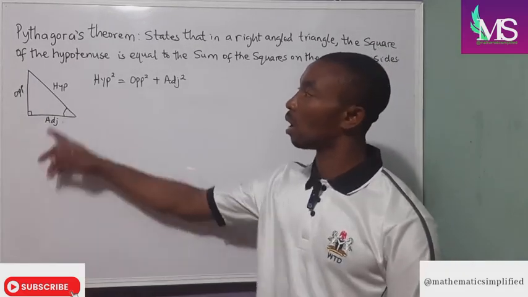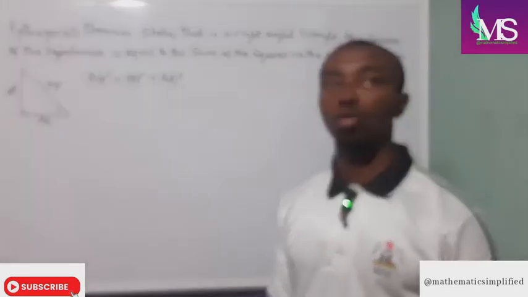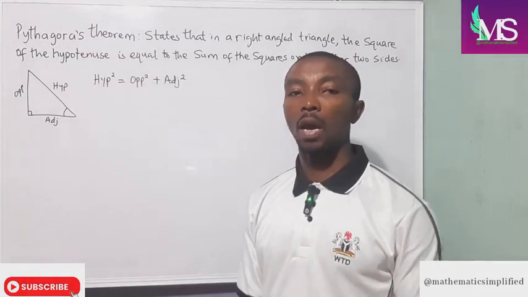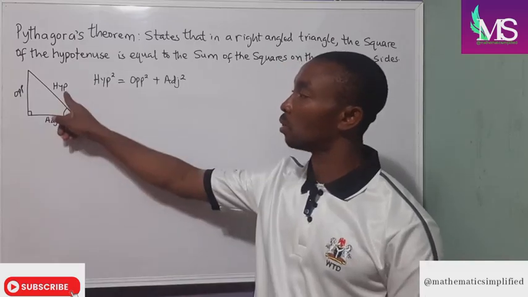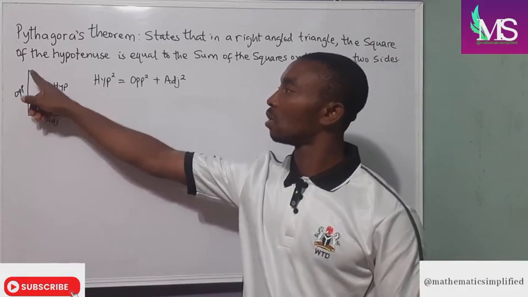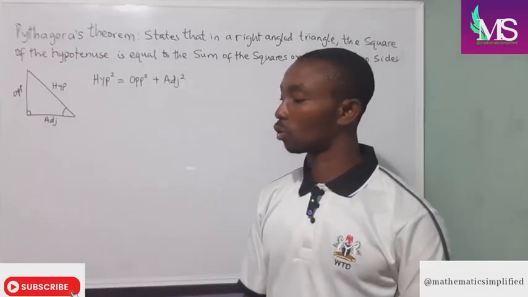Now, considering a right angle triangle, we know that a right angle triangle is a triangle in which one of the angles is at 90 degrees. Our hypotenuse is the side facing our 90 degrees and is the longest side of the triangle.